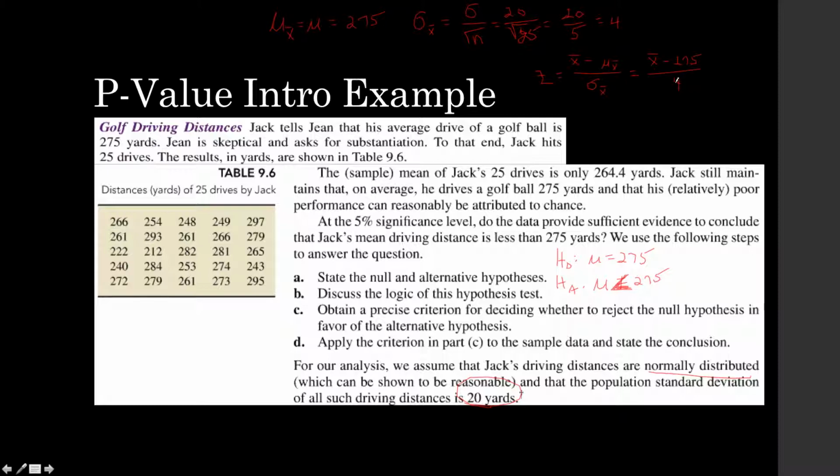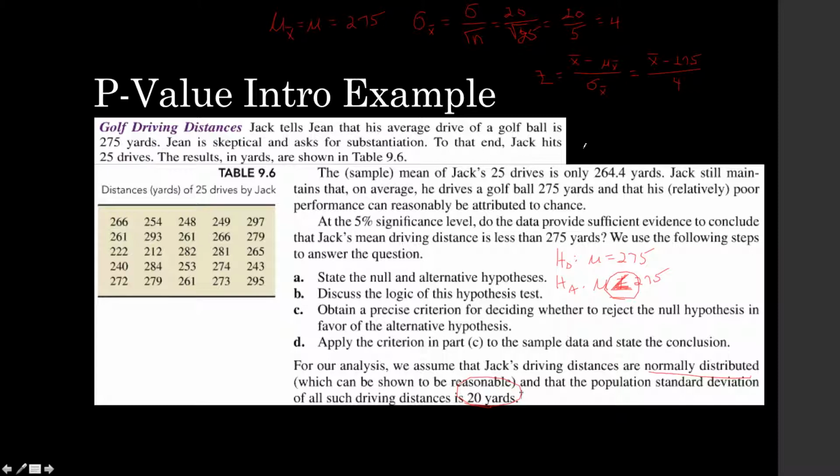This is where we begin to talk about the p-value part, where we begin to differ just a little bit. So this is a left-tailed test because of the less than sign. What we're going to do is compute the probability of obtaining the observed z-score that is as small or smaller than the observed value.